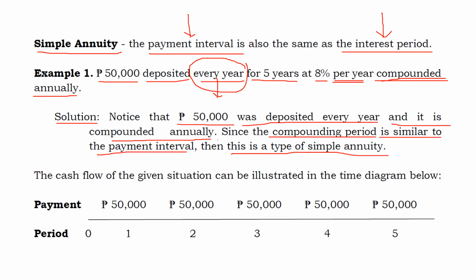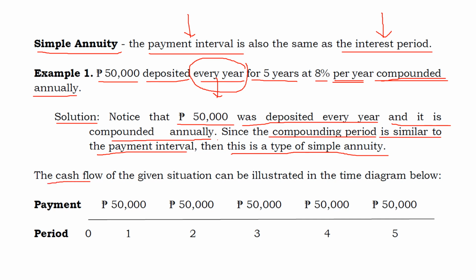When we define a simple annuity, the payment interval is the same as the interest period. With this example, the payment is done every year, and the interest rate is applied per year, compounded annually.